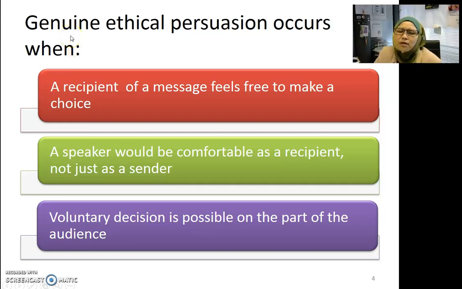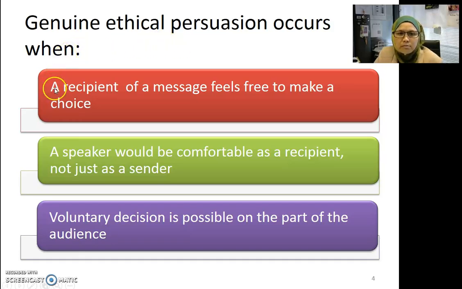Before you start thinking about coming up with a persuasive presentation, you need to consider these things carefully, because you do not want to be an unethical person who persuades people just because he or she can be manipulated, he or she is very vulnerable, or you can force them.